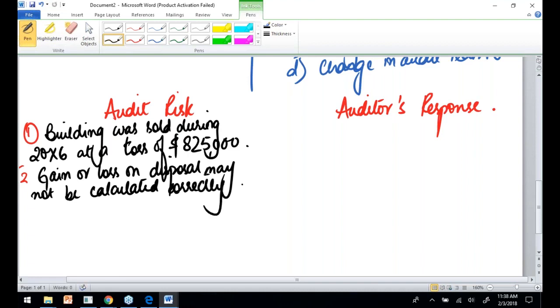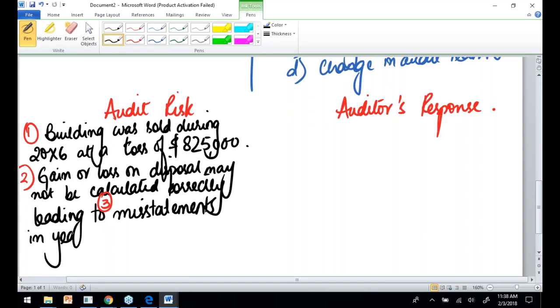Now, this is the explanation of the risk, leading to, and this is the third part of your risk, leading to misstatements in year-end profit.